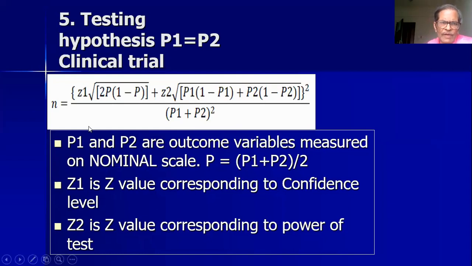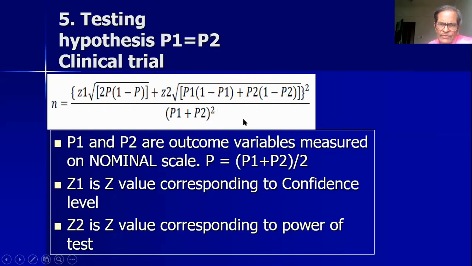So here the values required are Z1, which is the Z value associated with the alpha error that you have chosen or the confidence you have chosen. P1 is the probability of outcome in the study group, and P2 is the probability of outcome in the control group, and P is the arithmetic average of P1 and P2.